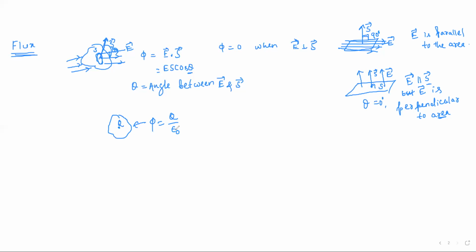So flux has two formulas. Flux is q by epsilon naught. Flux is the dot product of electric field and area vector. Related to this, let us solve some numericals and we'll get a clear idea. So let us move with the first question.